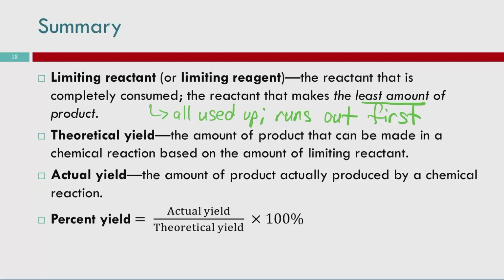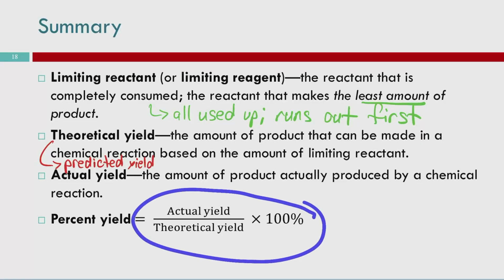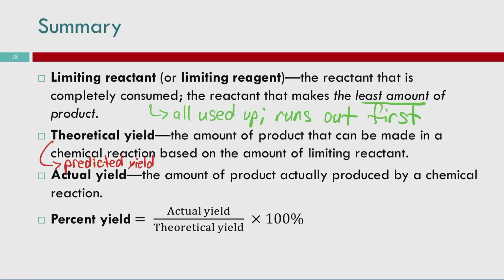Our theoretical yield, as one of you put it, is the predicted yield, the amount we were expecting without any errors. And then our actual yield is what we actually got. It's the real amount. And our percent yield uses this formula: actual yield over theoretical yield times 100%.